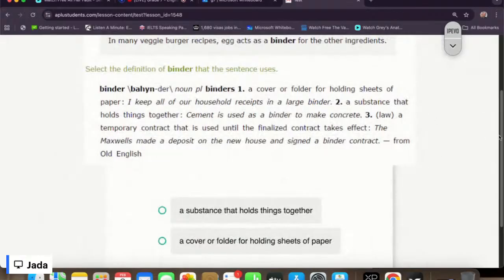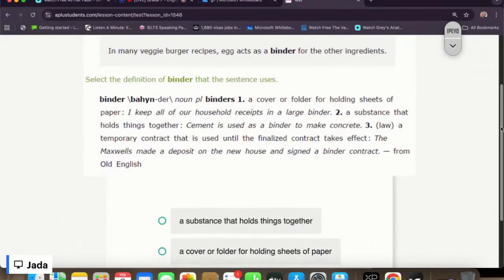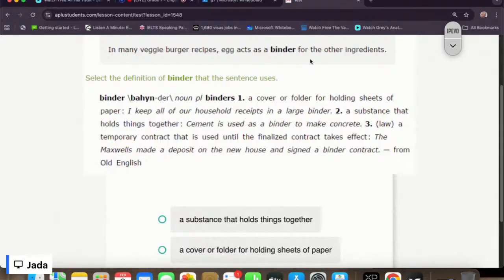Then, in many veggie burger recipes, egg acts as a binder for the other ingredients. Is it the first, second?